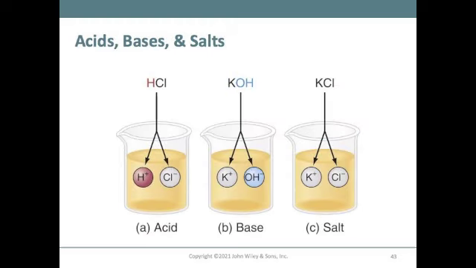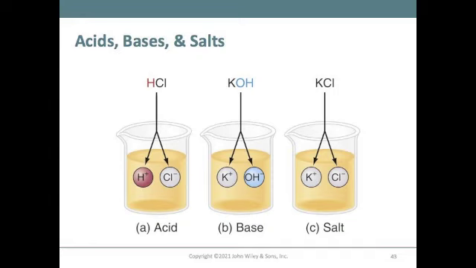So moving on to the next slide, acids, bases, and salts. This cartoon is on page 42, figure 2.11. When organic acids, bases, or salts dissolve in water, they dissociate. That is, they separate into ions and become surrounded by water molecules. An acid is a substance that dissociates into one or more hydrogen ions and one or more anions.